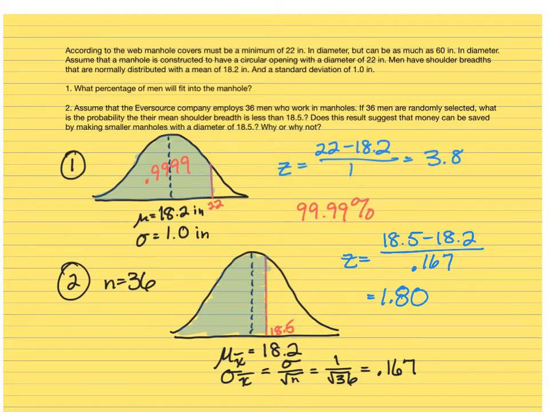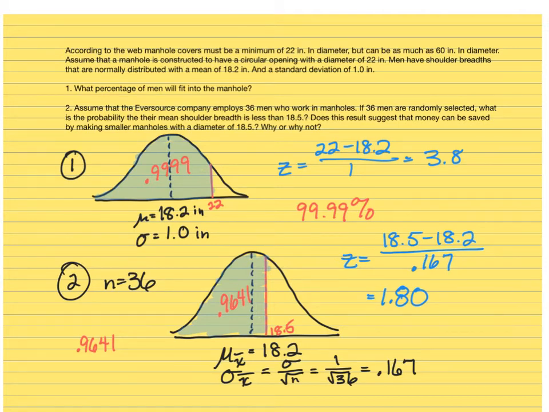Looking up 1.80 in our table, the area to the left is 0.9641. So 96% of men will fit in a manhole that is 3.5 inches smaller in diameter. The probability that their average is less than 18.5 is 0.9641.